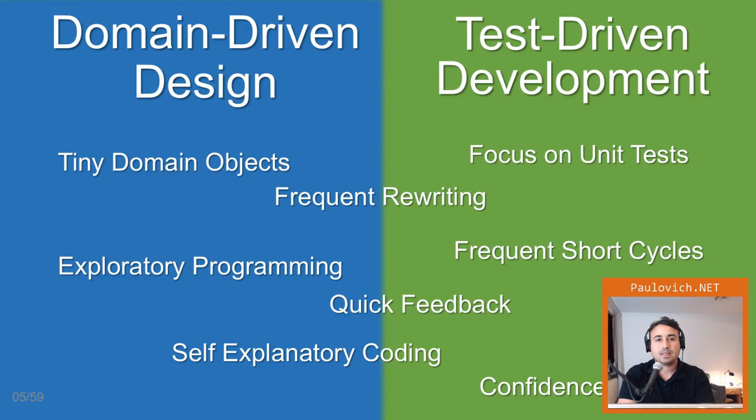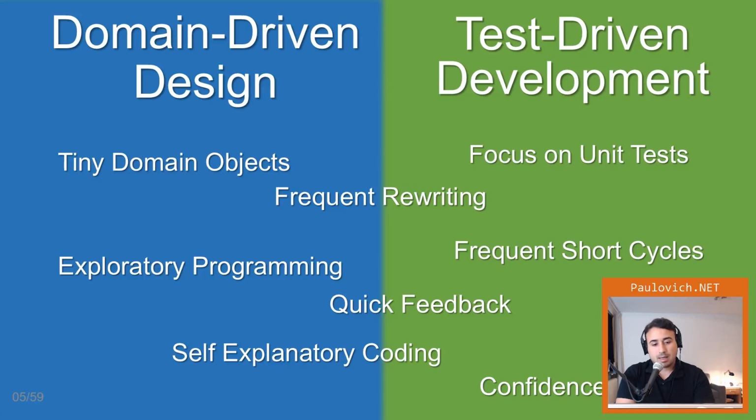And when TDD is applied from the beginning, you have more confidence to change because every new change has a new test that validates the intent. So it's easy to change something with the confidence of not breaking something that you already implemented.